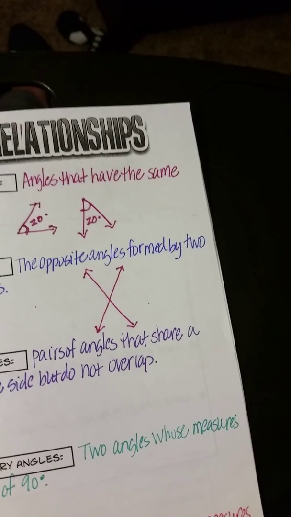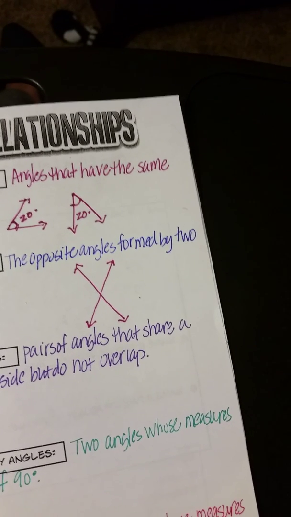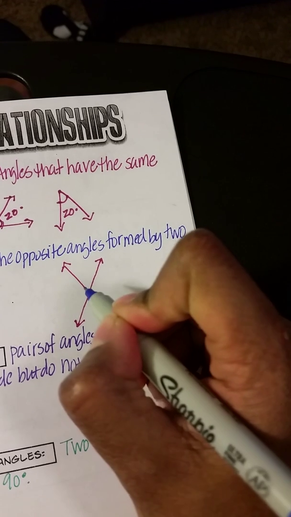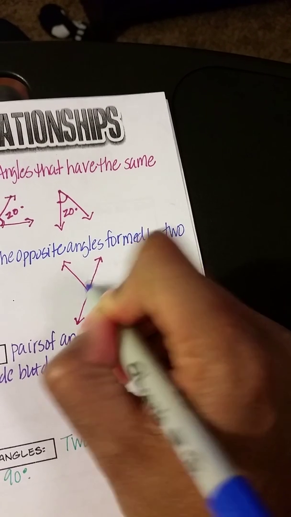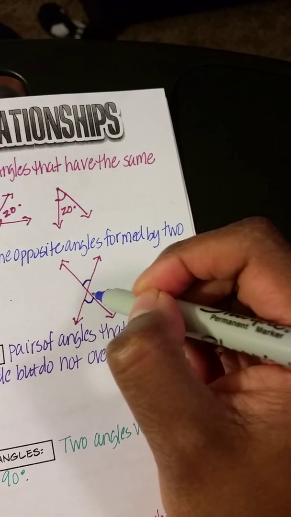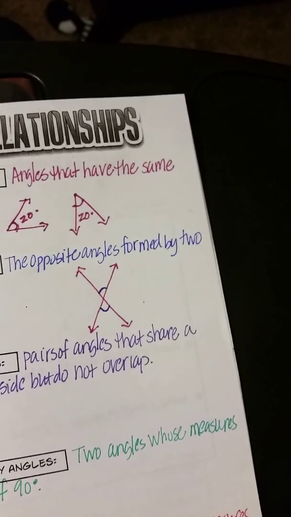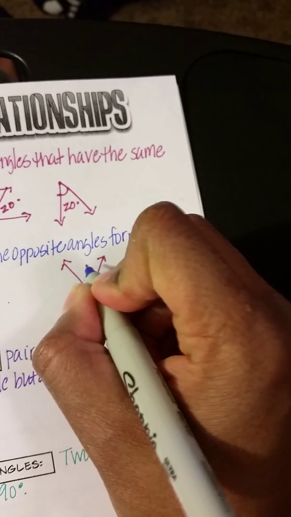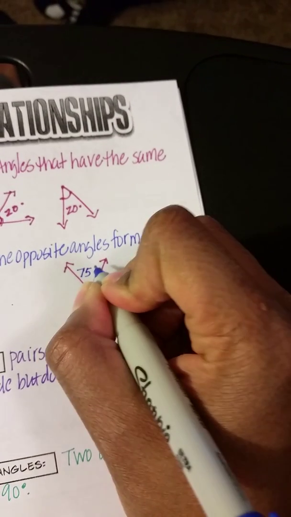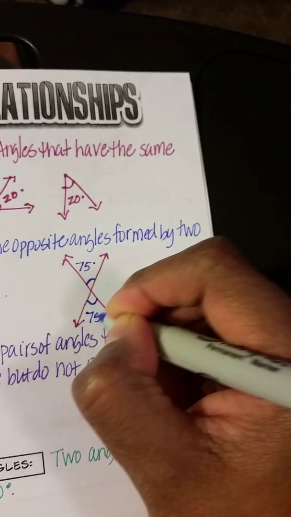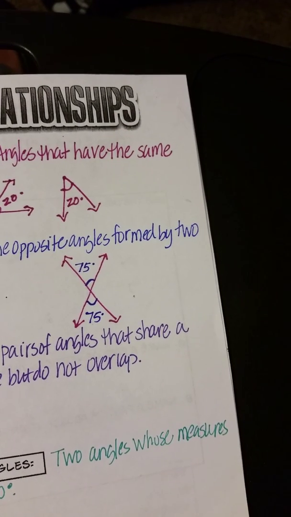Now, vertical. This angle here and this angle here would be vertical. So if I were to say this angle measurement was 75 degrees, this angle here would also be 75 degrees.